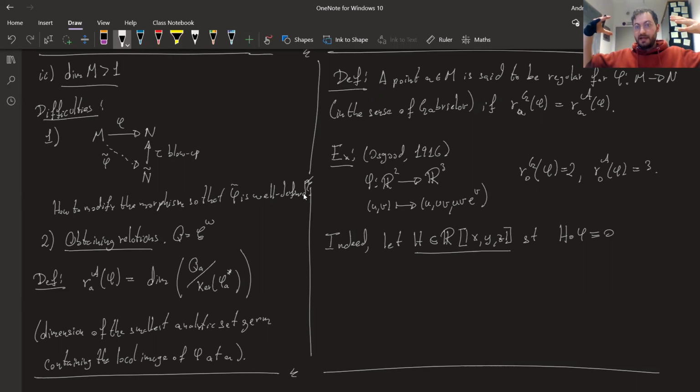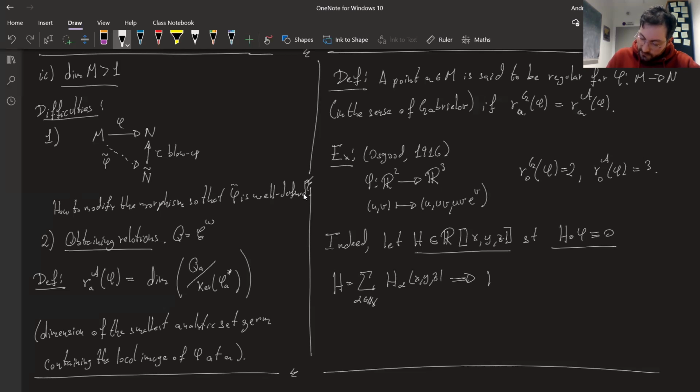If we are in an analytic set which contains the image of phi, then when we compose with phi, we should get everything equal to 0, because that's what the function is going to give us. So let's write H as the sum of homogeneous terms.